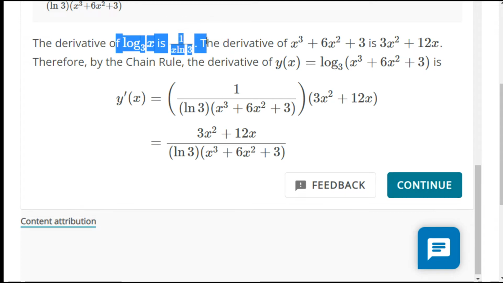So they're going to use this. I don't use that. There's not even any reason to use that. It's true, but guess what? It's just built out of the change of base.